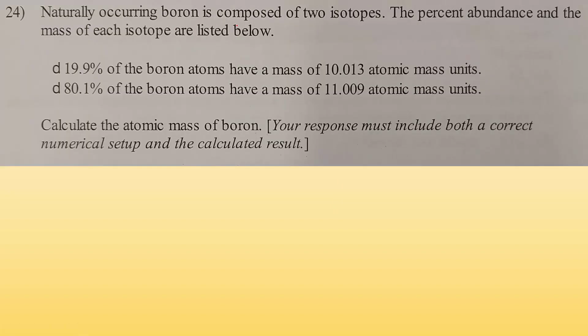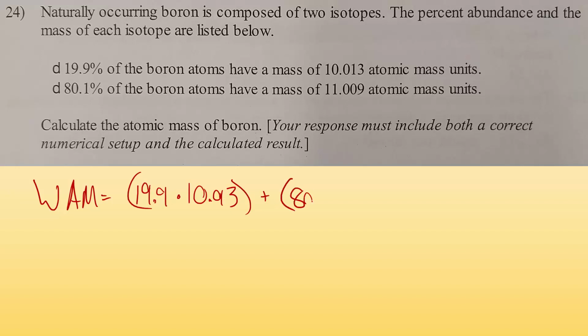All right, 24. Naturally occurring boron is composed of 2 isotopes. Percent abundance and mass of each isotope are listed below. Calculate the atomic mass. Weighted average atomic mass is going to equal the percentage, so 19.9, times the mass, 10.013, plus the same thing for the other isotope, so 80.1 times 11.009.